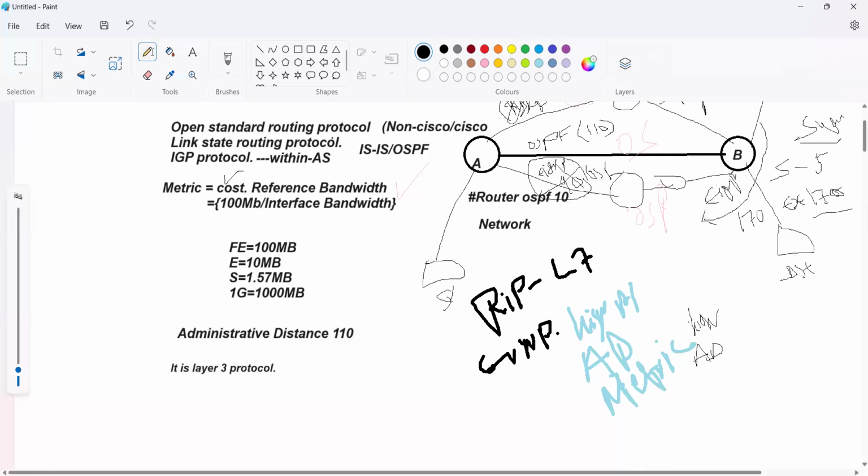It's a layer 3 network layer protocol. We have one more protocol, BGP, which is also layer 7. BGP as well as RIP are both layer 7, and the layer 3 protocols are EIGRP as well as OSPF.